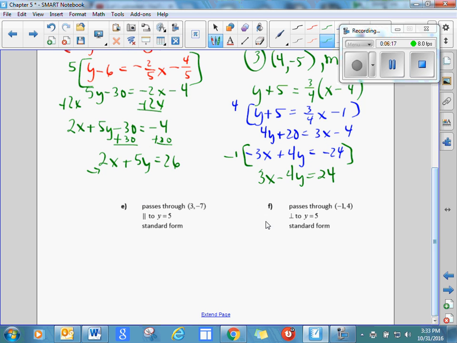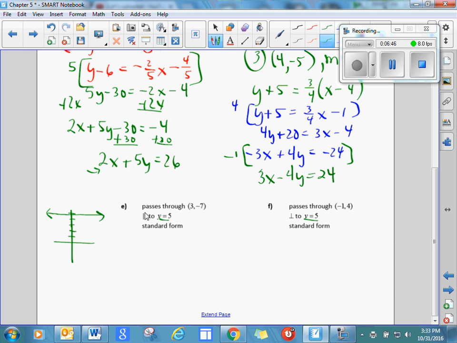Okay, let's look at these last two special examples. These are individual lines that don't have an x with them. So if this line, y equals 5, if you were to sketch it, it would look like this. 1, 2, 3, 4, 5. It would be a perfectly horizontal line through positive 5 on the y-axis.